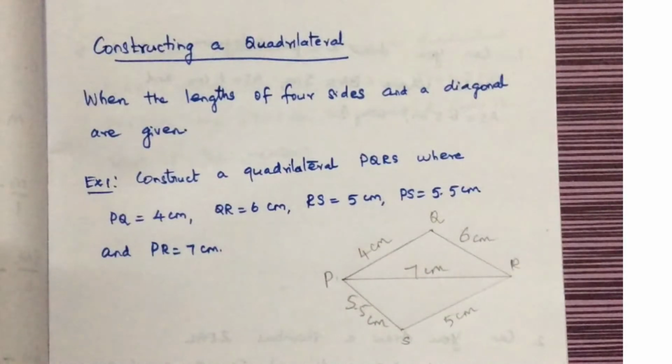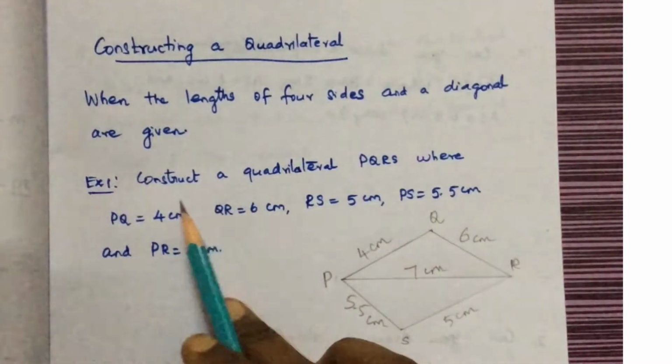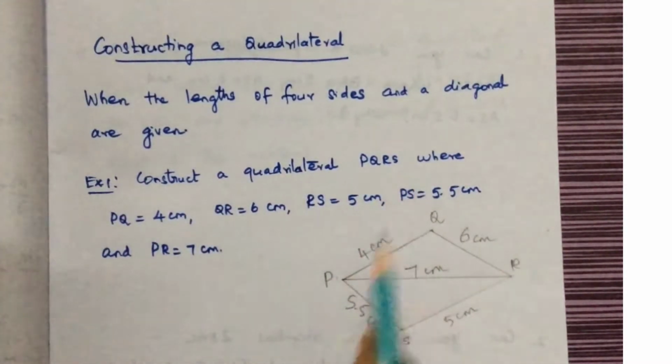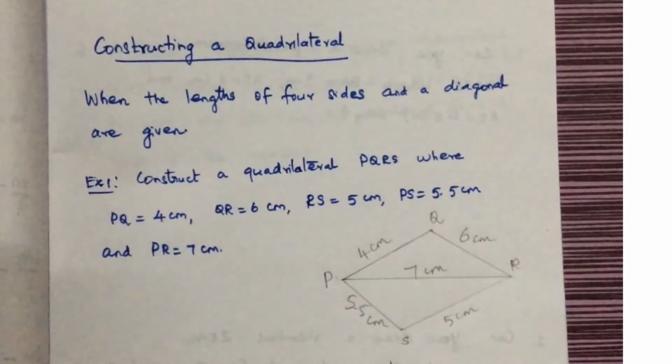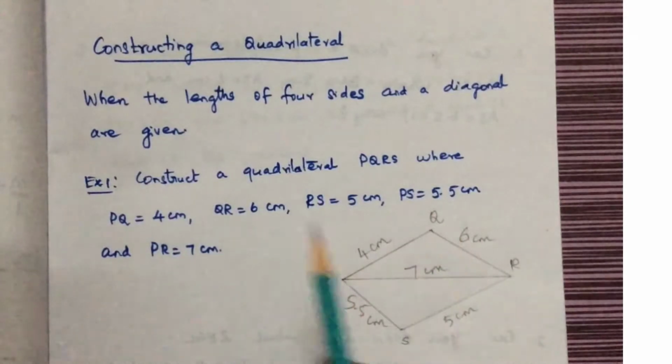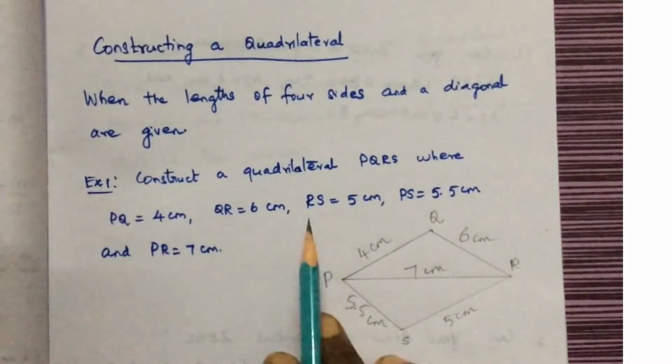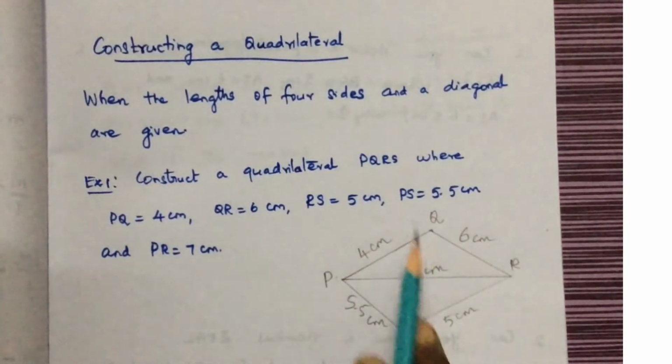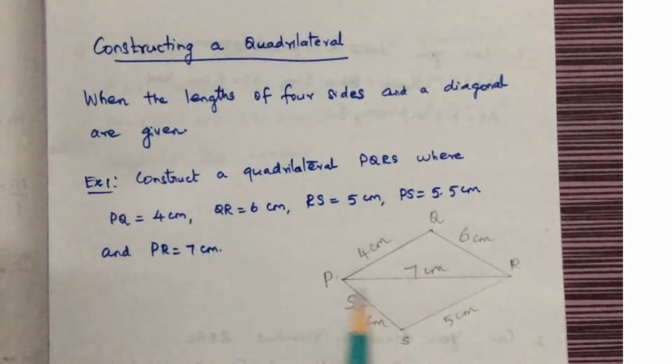Here I have drawn the rough sketch. You can see PQ is 4 cm, QR 6 cm, RS 5 cm, PS 5.5 cm and PR 7 cm.